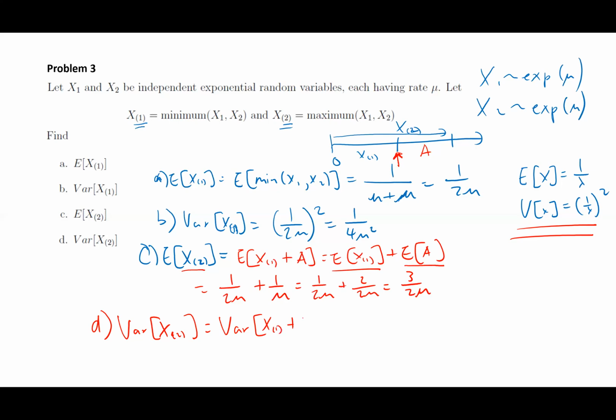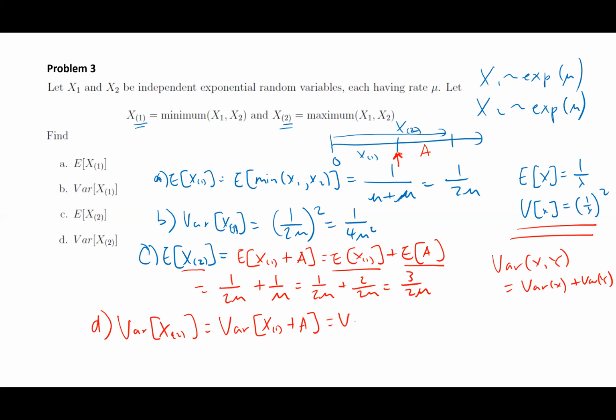X1 plus A. The common property of a variance is that if they're independent variables, the variance of X and Y is simply going to be the variance of X plus the variance of Y. So the same thing over here.